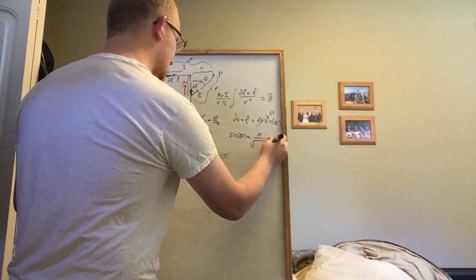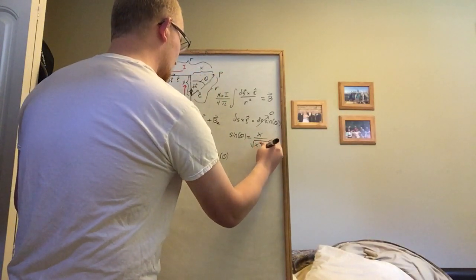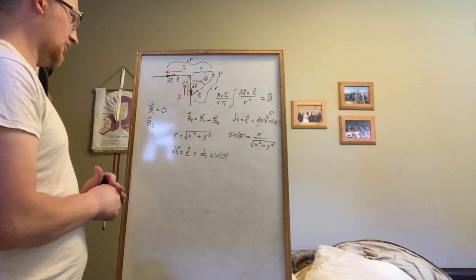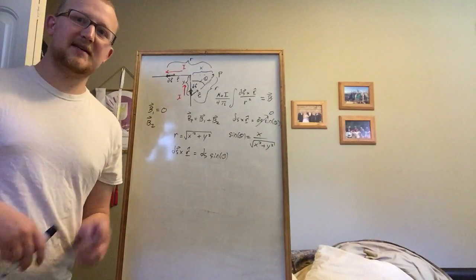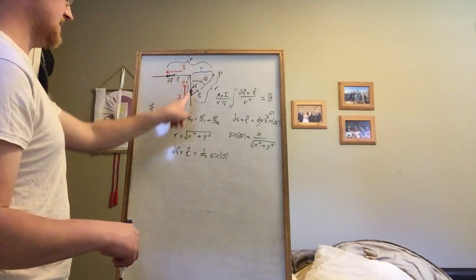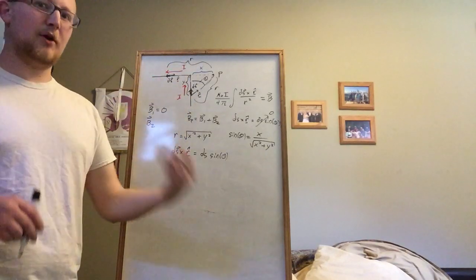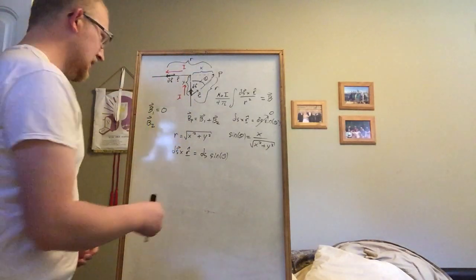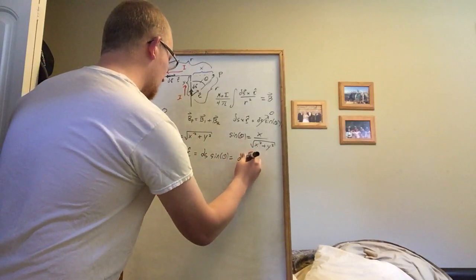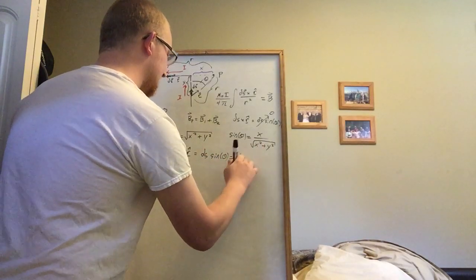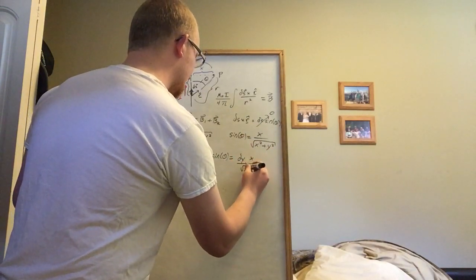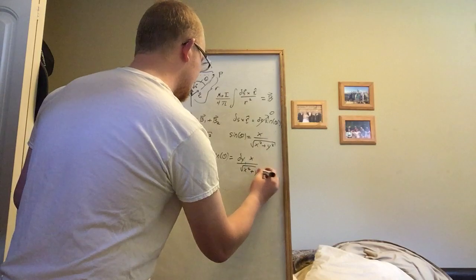It's the square root of x squared plus y squared. It's also important to realize that ds is interchangeable with dy, because for this length of wire, ds is always pointing in the y direction. So we can rewrite this as dy sine theta, which is now x over the square root of x squared plus y squared.